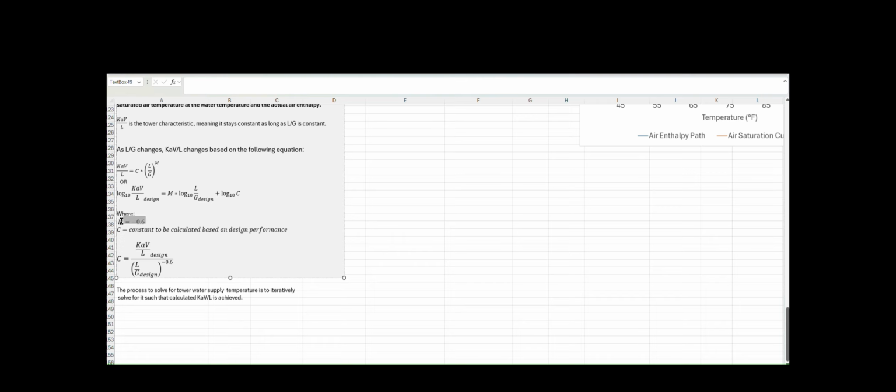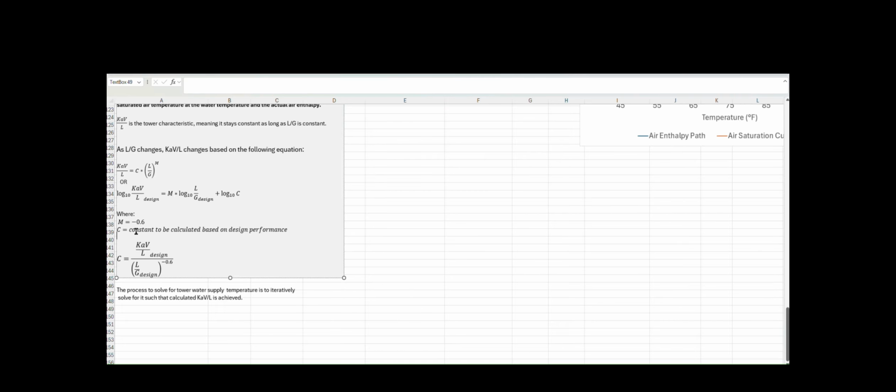So M, I always use negative 0.6, and that's going to be good enough for most purposes. If you're having to be really precise, you can anecdotally find what that M constant should be based on some actual data. But for just doing some estimated part load modeling, use negative 0.6 and you'll be fine for M.